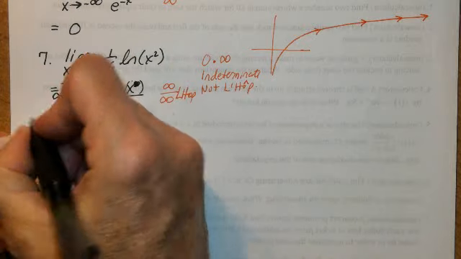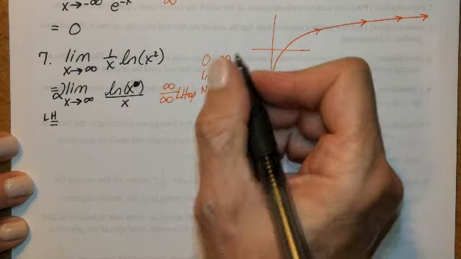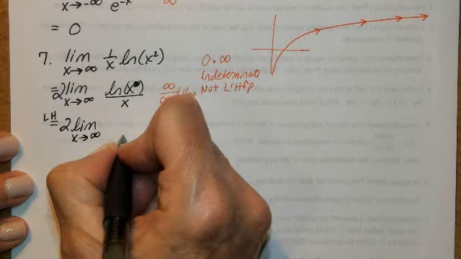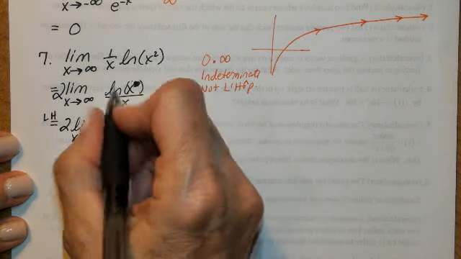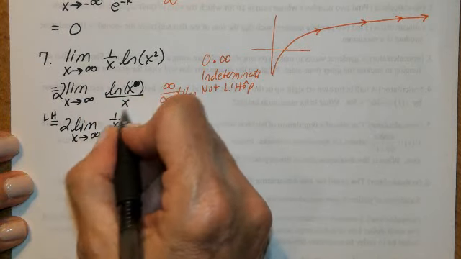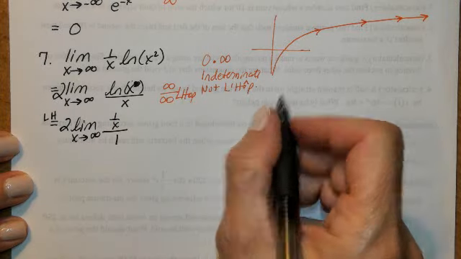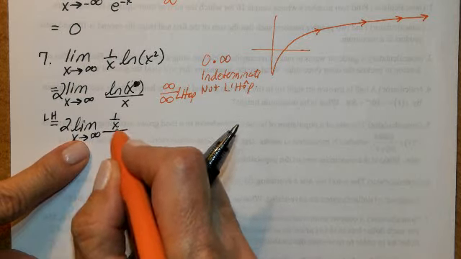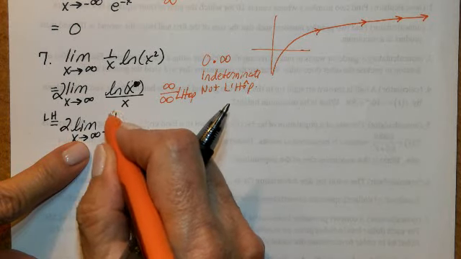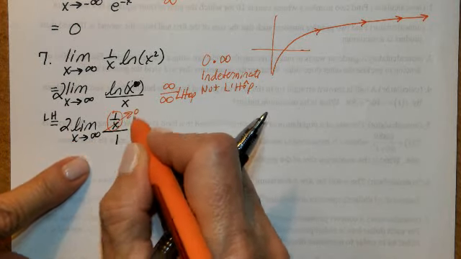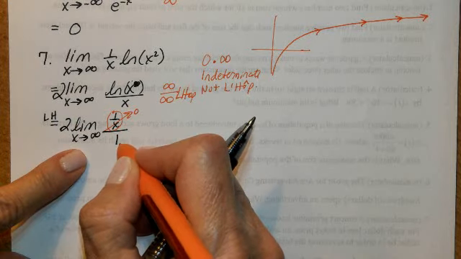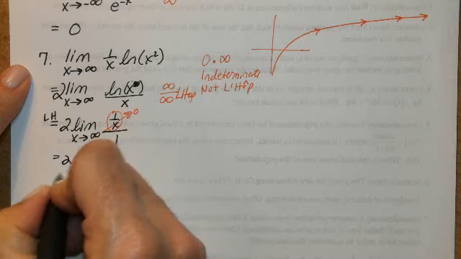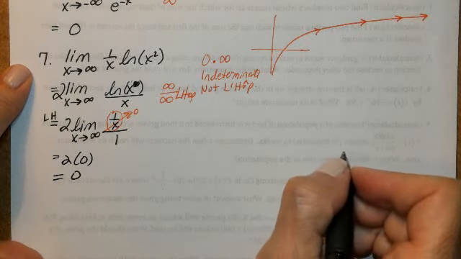So I'm going to apply L'Hopital's, and I get 2 times the limit as x goes to infinity of the derivative of ln x, which is 1 over x, over the derivative of x, which is 1. Now let's let x go to infinity. This piece right here goes to 0, and so we have something going to 0 divided by 1. This is just 0. So this limit is 0.